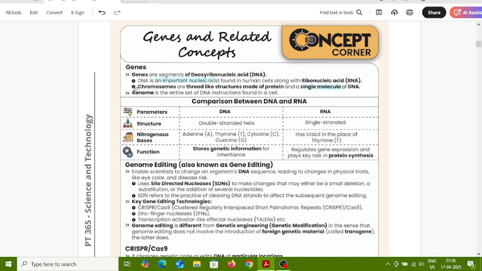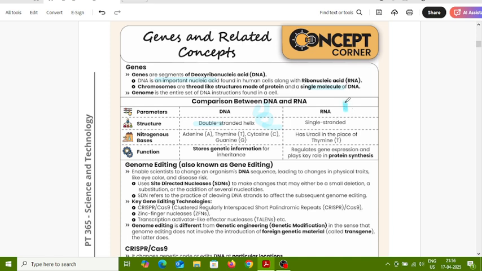If we take out the DNA and spread it all across a path, then this whole set of DNA will be the genome. Then a comparison between DNA and RNA: DNA is double stranded, it will look like this.